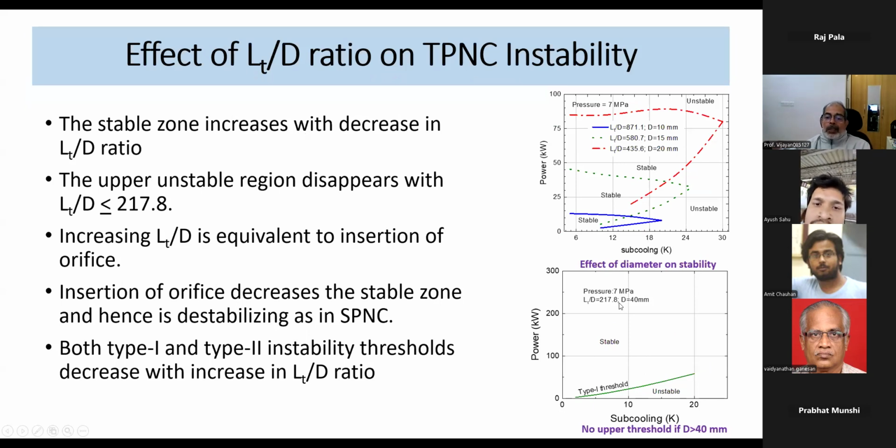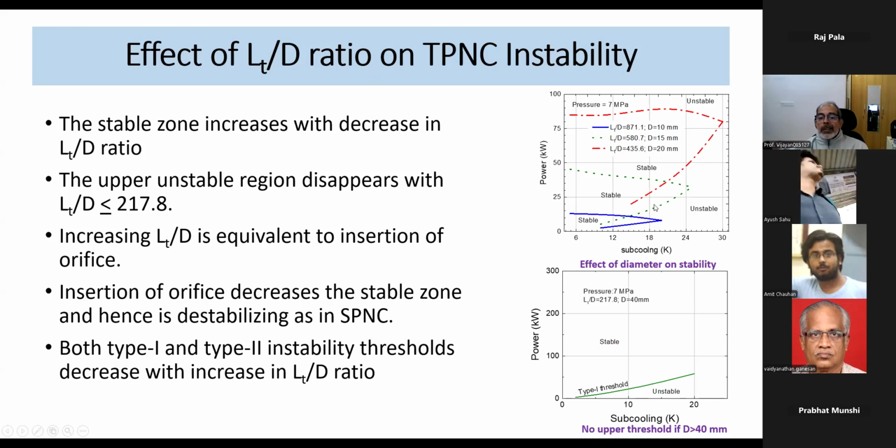Now we are looking at what happens if I change the diameter of the loop, or if I change the L by D of the loop. And that effect is shown here. If your L by D is, let's say, 871, the highest L by D we found, you find the stable zone is very small.